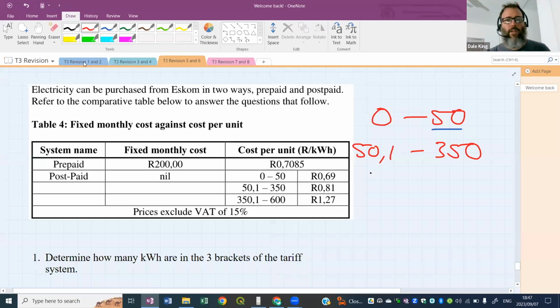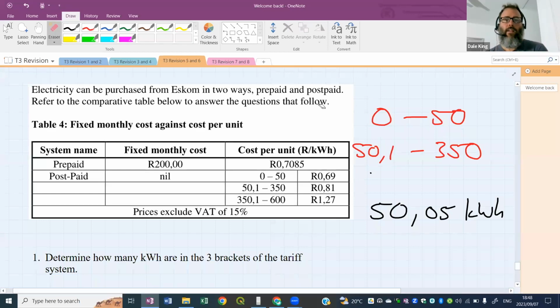But what guys do is, when they work out how many kilowatts are in each bracket, they'll say 350 minus 50,1, which gives them 299,9. That's not really what they want you to do, because what if someone has 50,05 kilowatt hours? Which bracket do they fall into? Who can tell me? If you have 50,05 kilowatt hours, which bracket are you falling into?